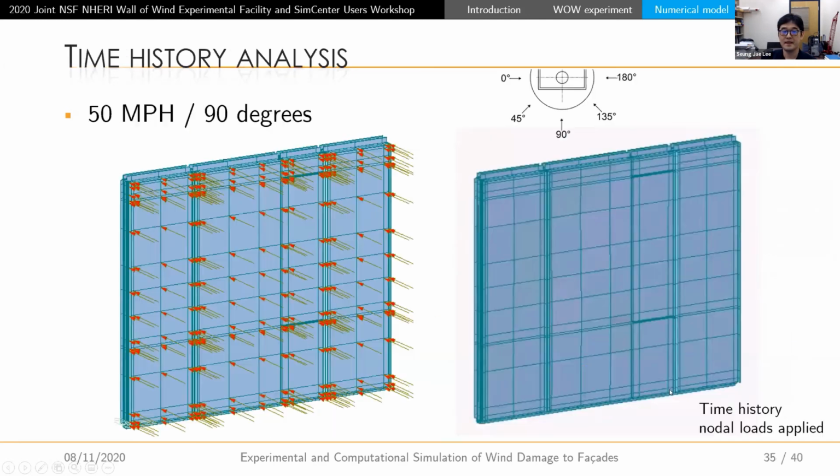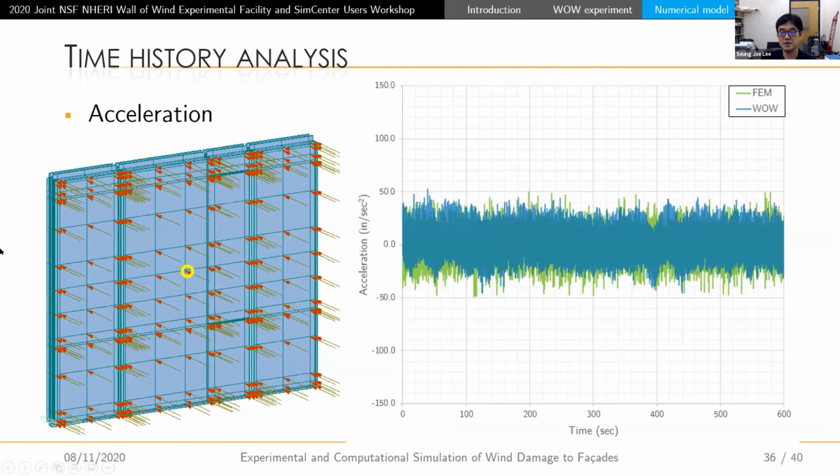Okay. And we also performed time history analysis. So we used the pressure time history data to apply as time history nodal loads. And this is the simulated behavior of the curtain wall system for 50 miles per hour wind speed at 90 degrees wind direction. And we compared the acceleration at the center of the middle panel.